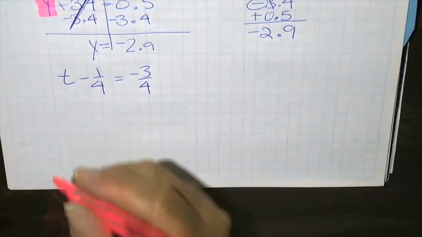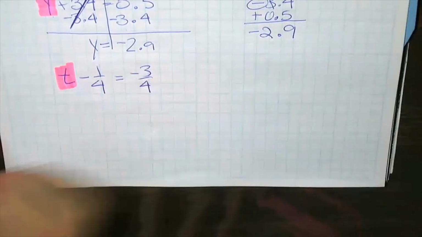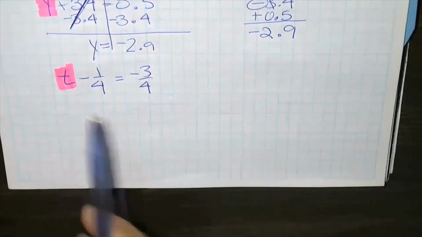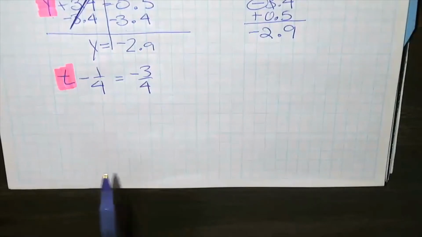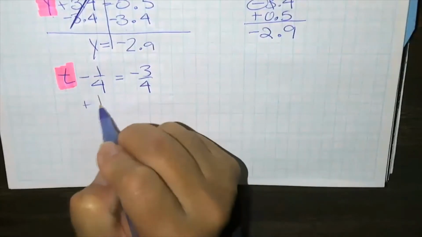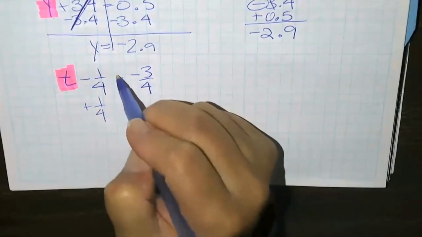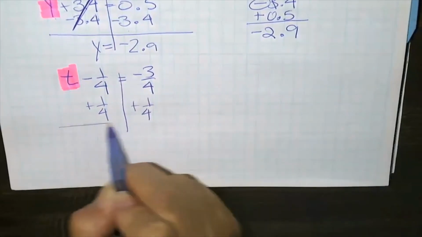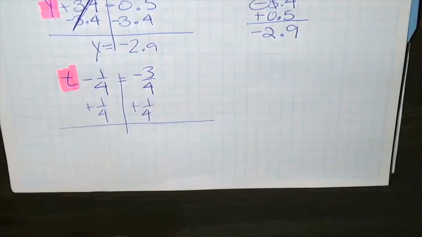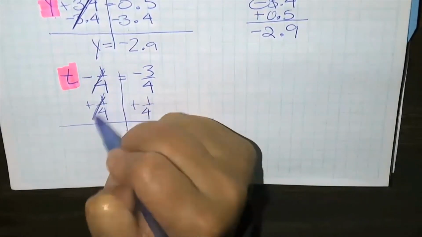Same rules apply. I need to isolate my variable, which means I need to get rid of this -1/4. So I'm going to add 1/4. What I do to one side, I must do to the other. So these guys cancel.